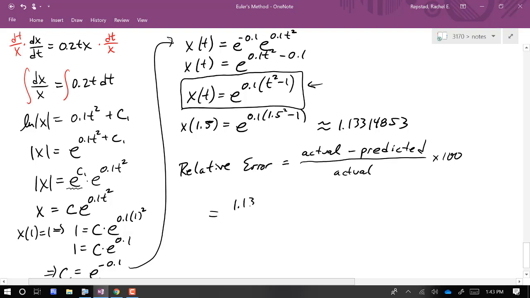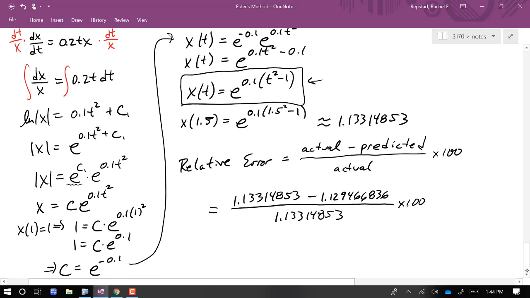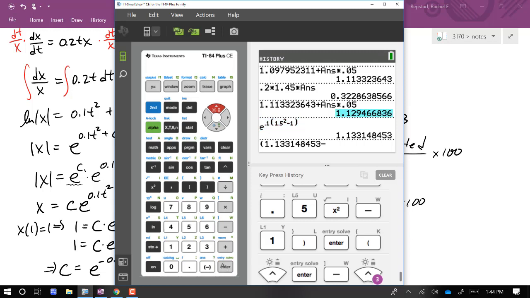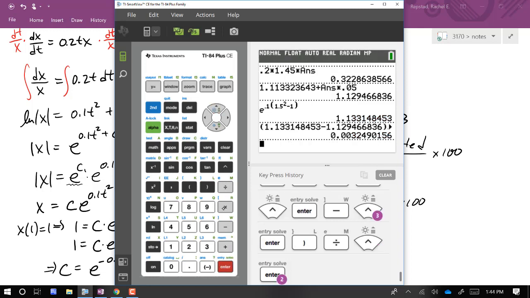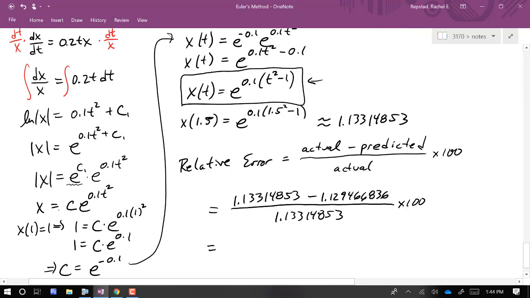So we get the following calculation: actual minus predicted, divided by actual, times 100, and we get about 0.3249% approximately.